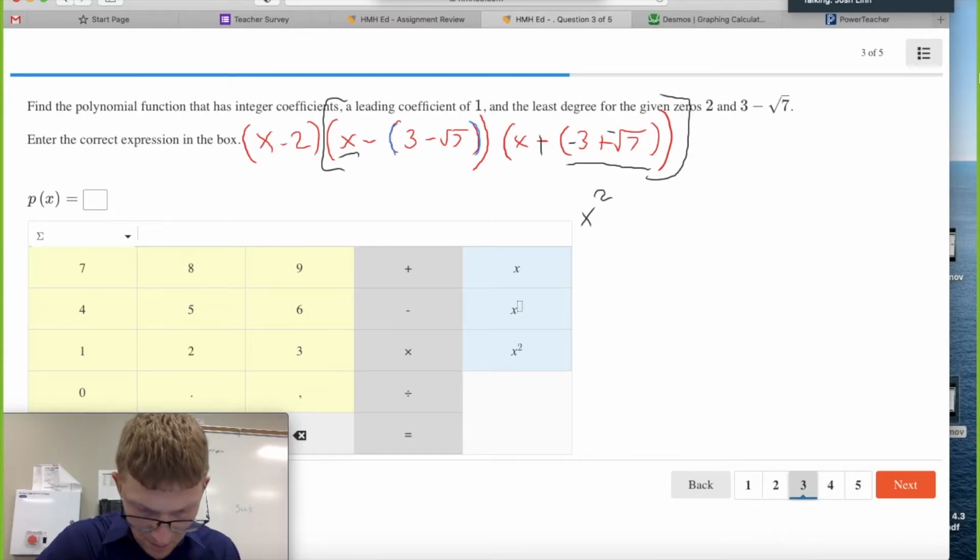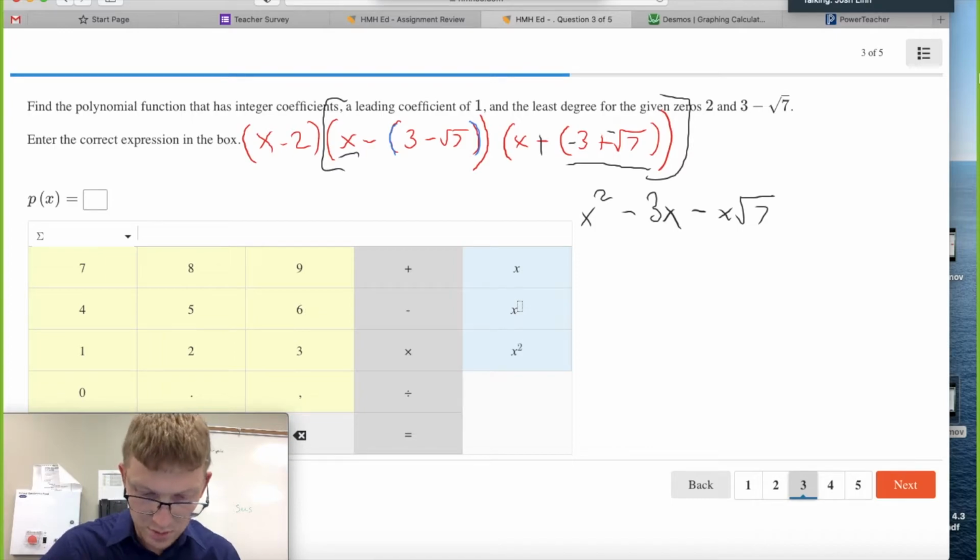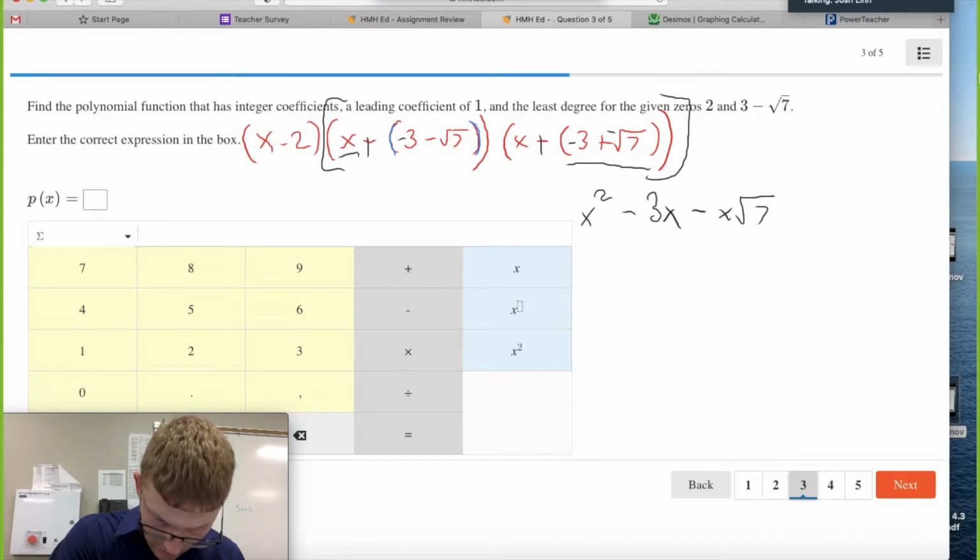Okay. So x times a negative 3, negative 3x, x times a negative square root of 7, that's minus x square root of 7. I did switch those around, but when you're doing products, that's okay. Now I'm going to distribute this negative sign.